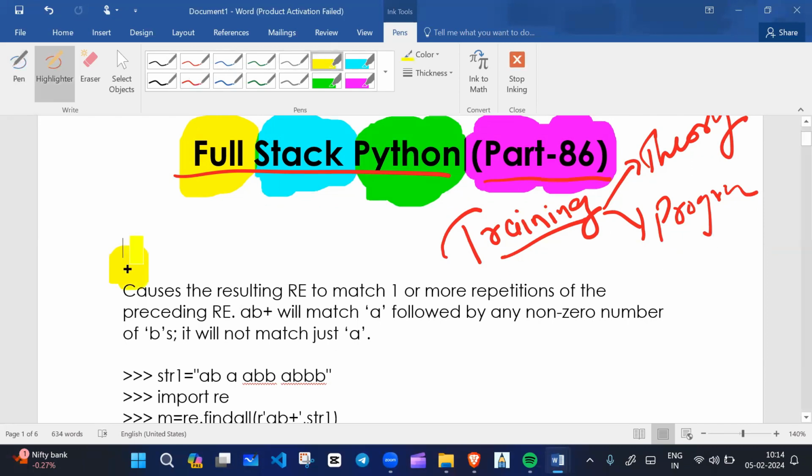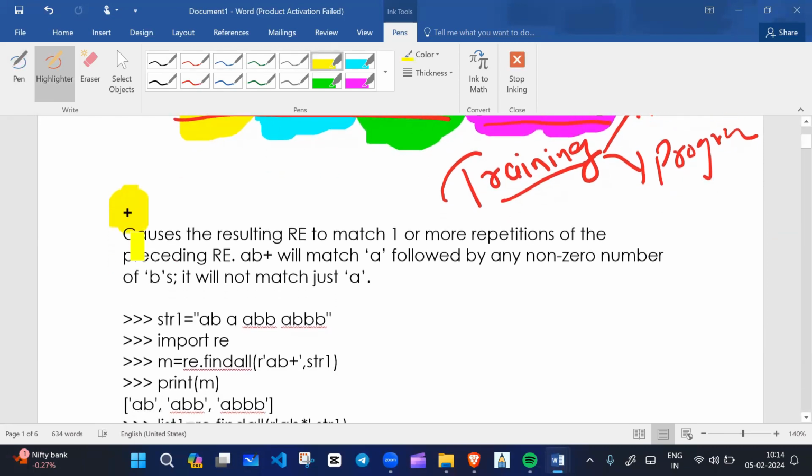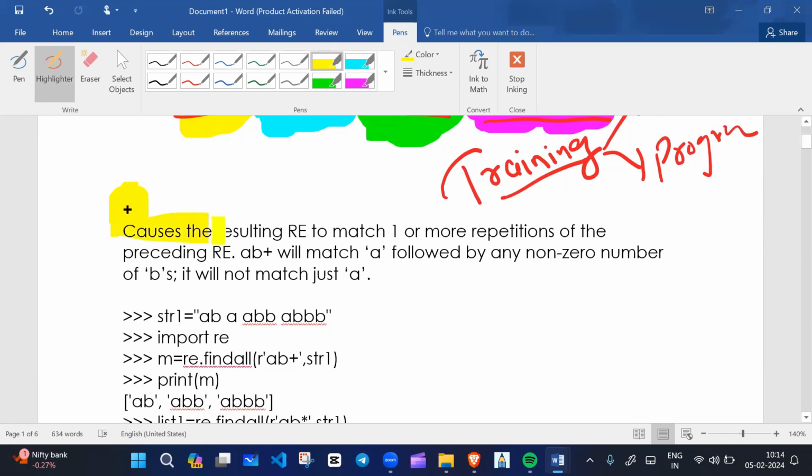See this symbol. What's the use of this plus symbol in regular expression? It causes the resulting regular expression to match one or more repetitions of the preceding RE. RE means regular expression. For example, we are writing a pattern like ab+.